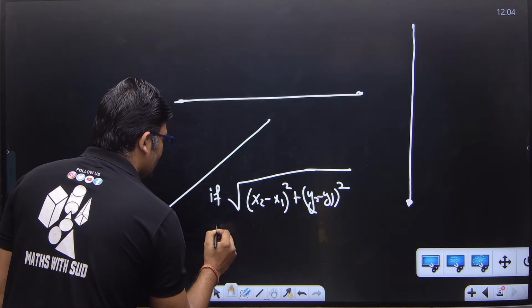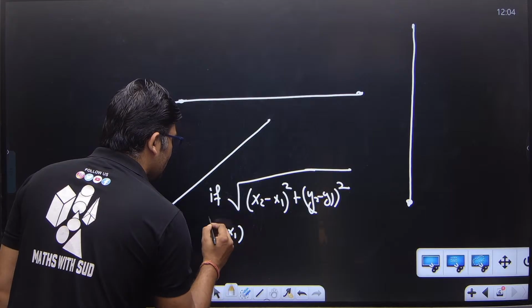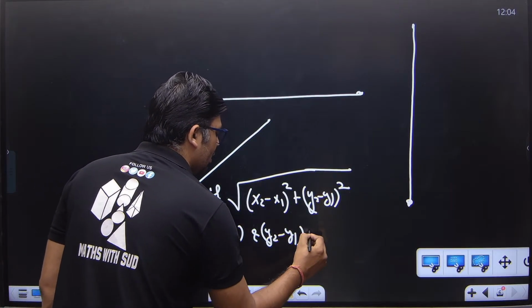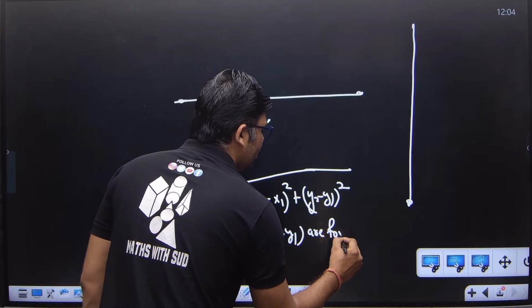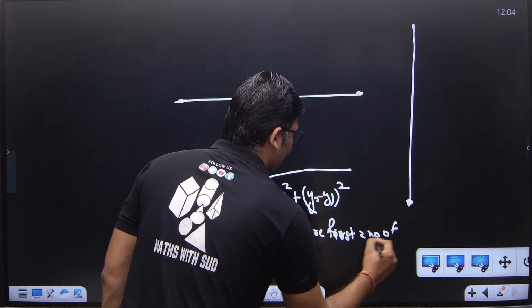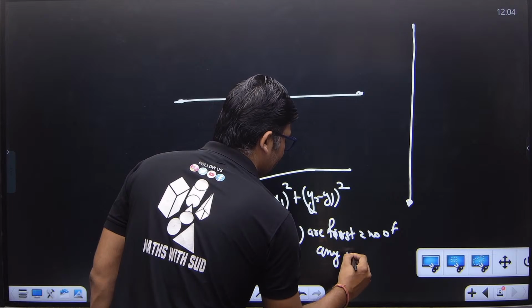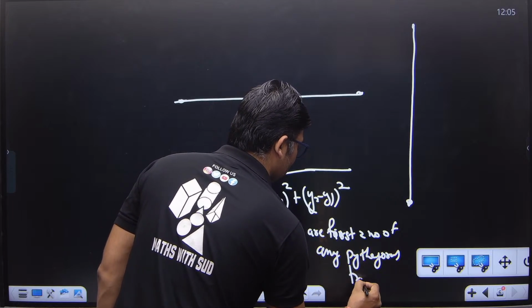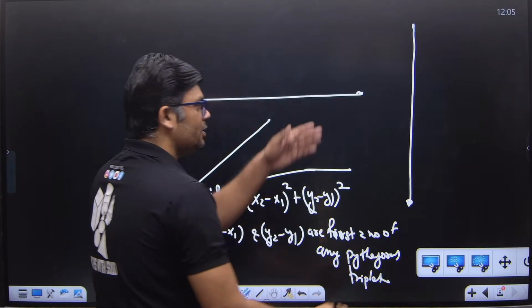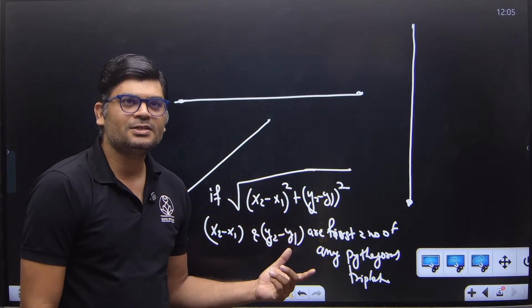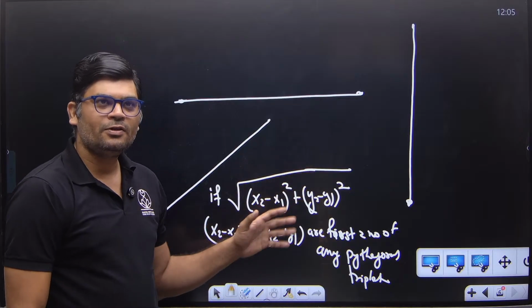If x2 minus x1 and y2 minus y1 are the first 2 numbers of any Pythagoras triplet, you can easily find the distance. No need to find the square, you can easily find the answer.